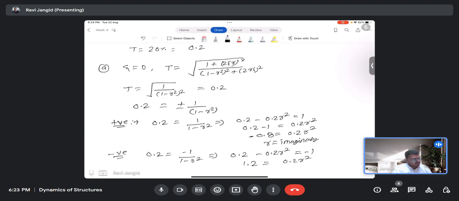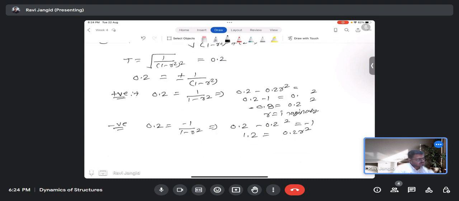So 1.2 divided by 0.2 gives r square equal to 6. So my r becomes 2.45.